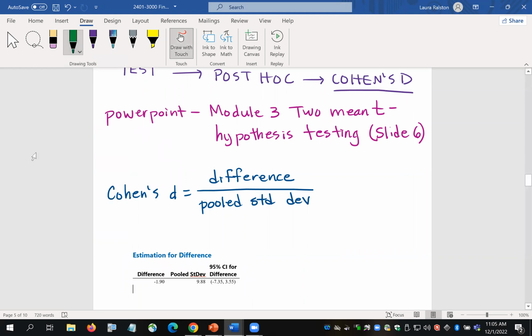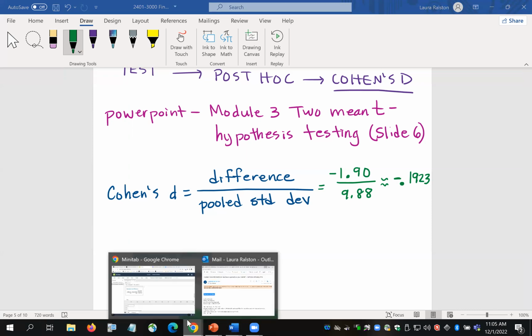So the difference will be negative 1.90 divided by 9.88, which is the pooled standard deviation. And then I'm going to use my calculator. So I have negative 1.90 divided by 9.88, which gives me approximately negative 0.1923.